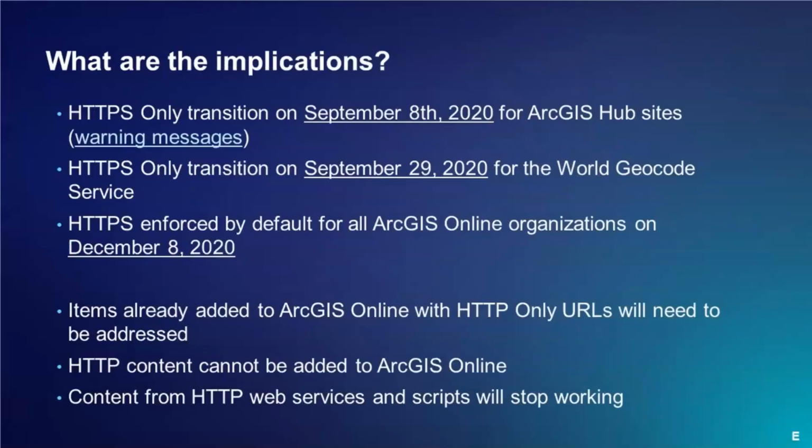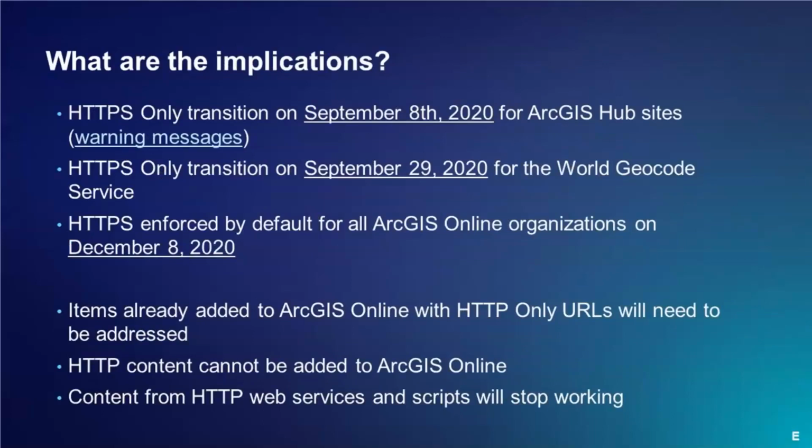So right now, ArcGIS Online supports HTTP and HTTPS, and Esri is making the transition to HTTPS only in a phased approach. First change is coming to ArcGIS Hub on September 8th. You'll notice this change if you have links on your hub sites or pages that are not updated to HTTPS only.